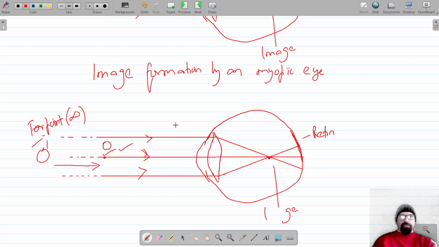So I'm going to put here the concave lens. So this is the concave lens. And now this concave lens is going to diverge these rays of light. This is where the refraction is happening.